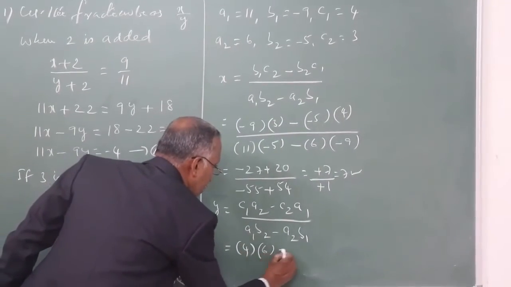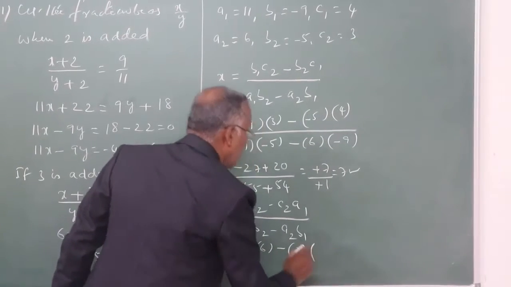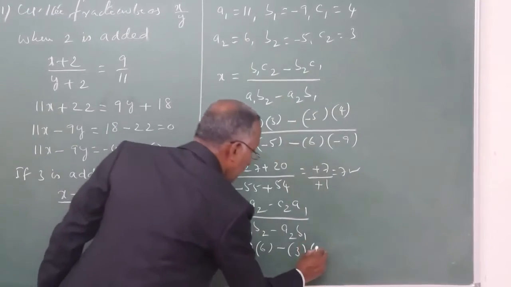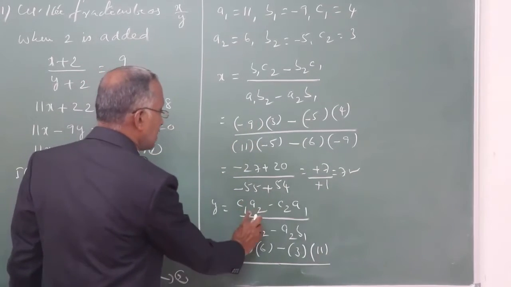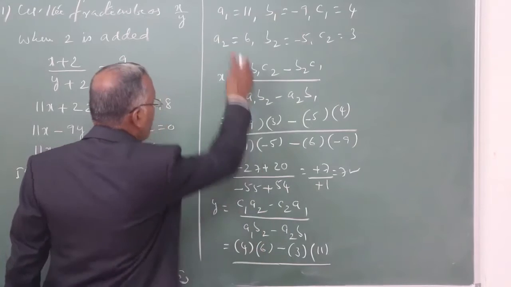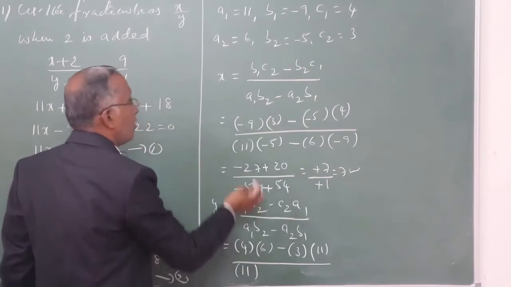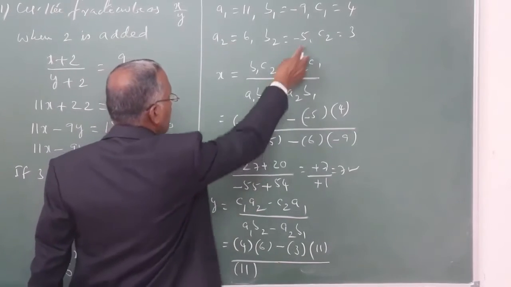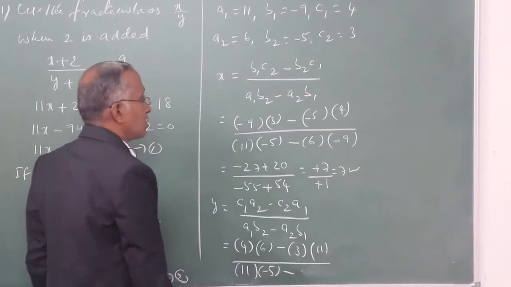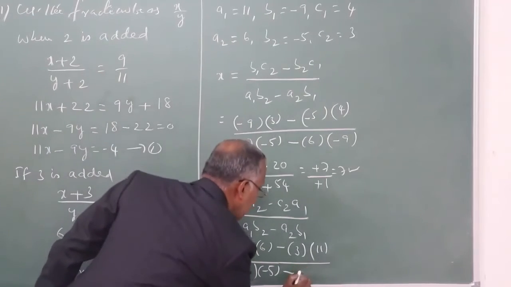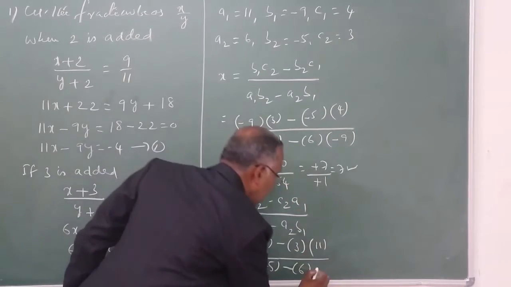Be careful in substituting. c2 is 3, a1 is 11. In the denominator, a1 b2: a1 is 11 into b2 which is minus 5, put it in the bracket, minus a2 which is 6 and b1 which is minus 9.